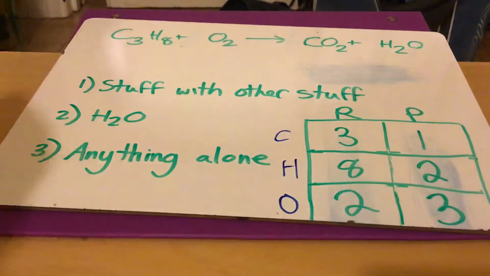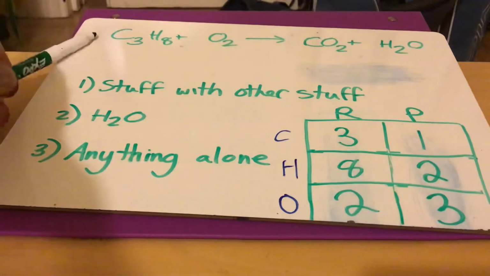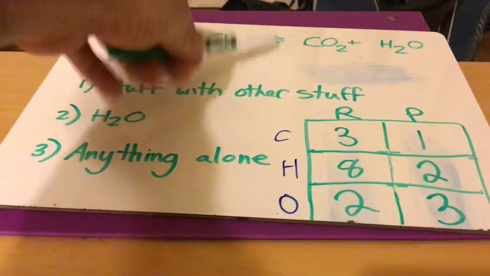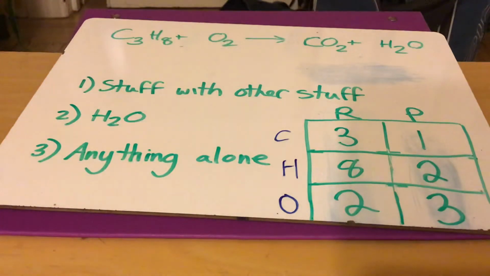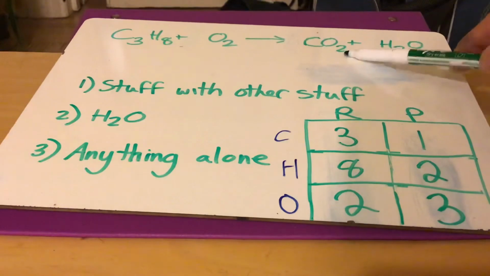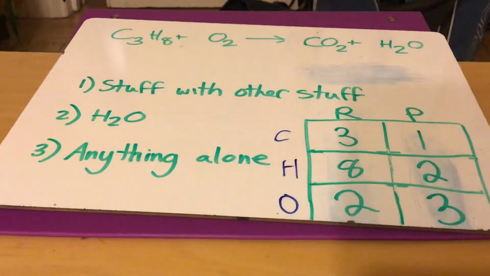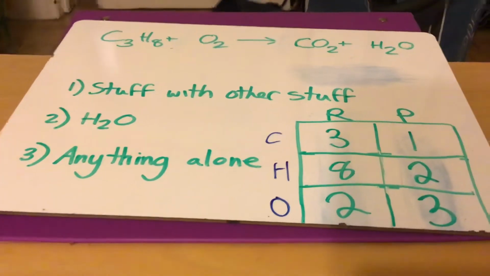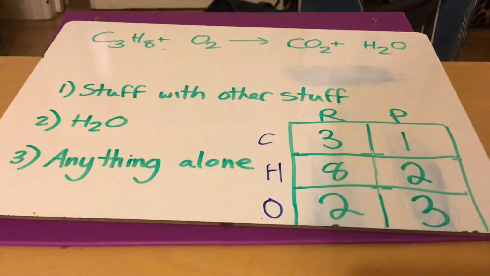So to be clear, we are going to be putting in coefficients in front of the molecules. Because if we were to change numbers like that, or that, or that, we would end up with very different things.